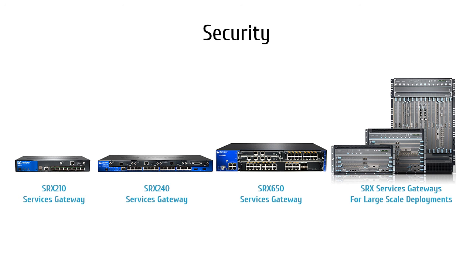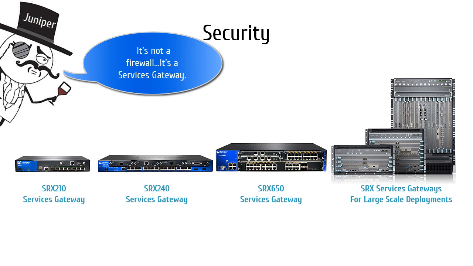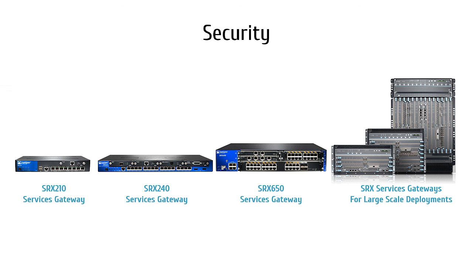But for clarity purposes, we're just going to call them firewalls for now. The SRX line of products offer high-performance security with advanced integrated threat intelligence, and it's delivered on what Juniper calls the industry's most scalable and resilient platform. Some of the features the SRX line boasts are 100 gigabit Ethernet interfaces and features like Express Path technology, which can enable up to 2 terabits per second of performance.